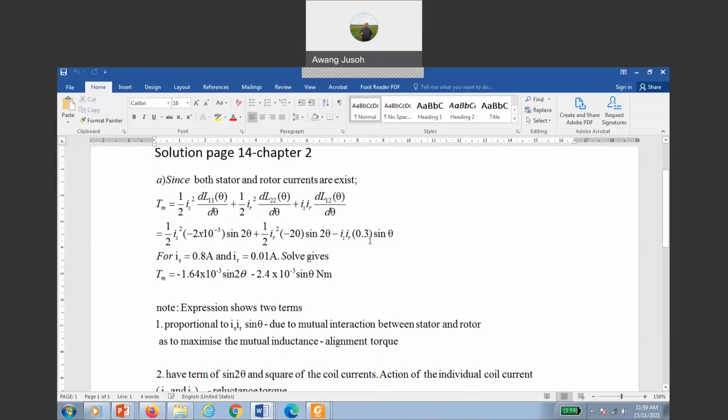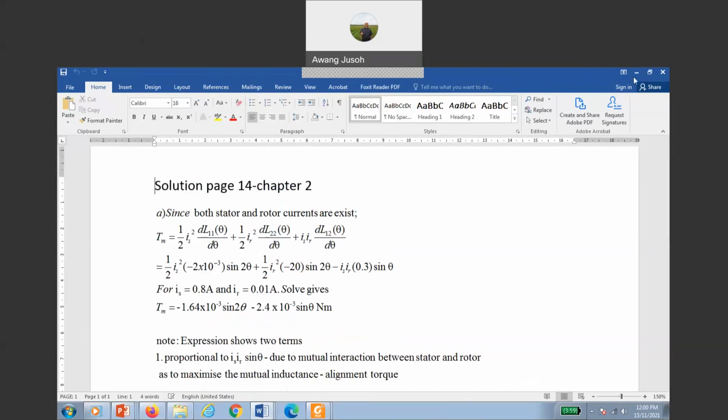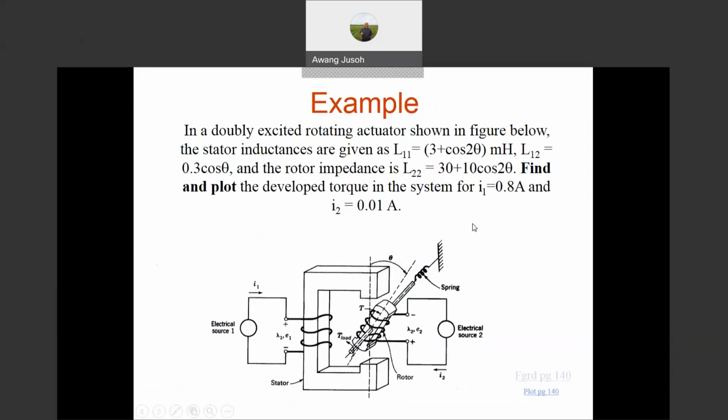And then after that, you can substitute the values for IS and also IR, and we get this equation. Okay, so this equation is for the torque generated in this kind of machine. We have both: reluctance torque, which is sine 2 theta multiplied by this one, and alignment torque, which is sine theta multiplied by this. So based on the question, we can roughly estimate what kind of torque is developed in that particular system.